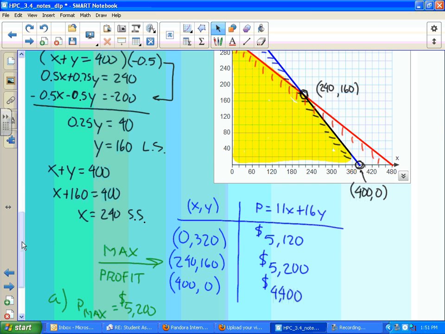Something to consider. Now, there are cases where the maximum might be found on one of those corner points where you're on an axis, where you don't produce any of one type. Mathematically, it's telling you that's going to give you the largest number, but as a business owner, you've spent money to pay for the labor and the machines that make those short sleeve or long sleeve shirts.